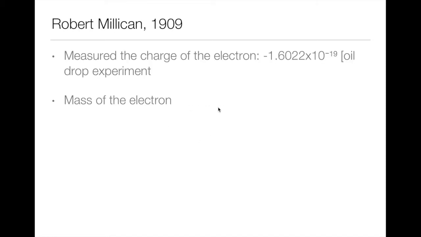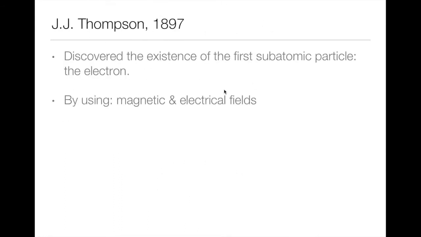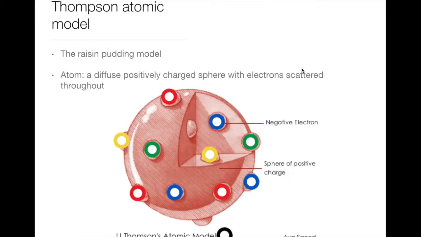Then Robert Millikan was able to measure the charge of the electron with the oil drop experiment, and from that he was able to calculate the mass of the electron. Then Thomson proposed the Raisin Pudding model. He said that the atom is a sphere of positive charge with negative electrons embedded in it. This is a sphere and the electrons are in it.